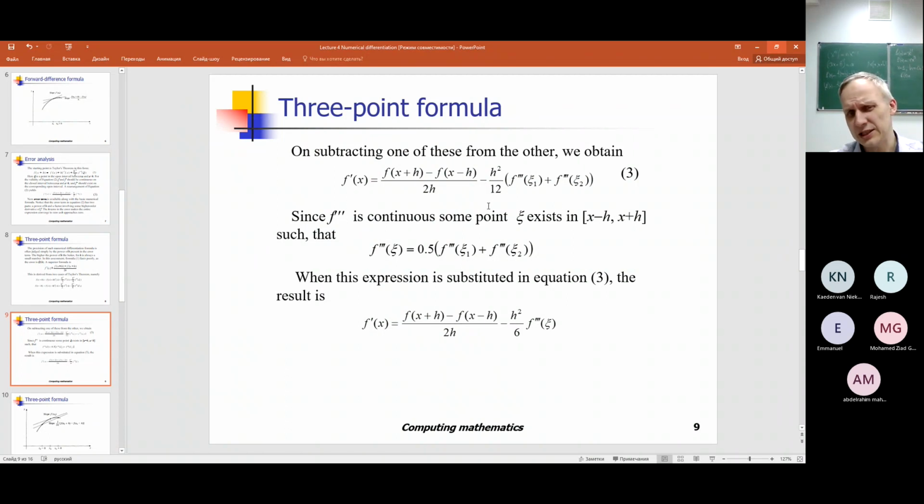After some simplifications, I don't want to go into details how to simplify, we can derive the final result that f prime of x equals f of x plus h minus f of x minus h over 2h minus h squared over 6 times the third derivative f of c, where c is between x minus h and x plus h.